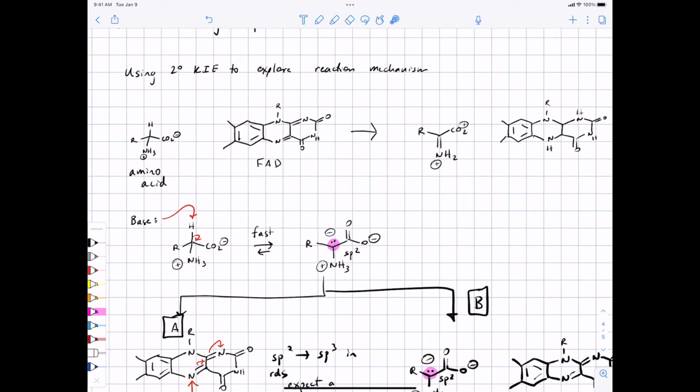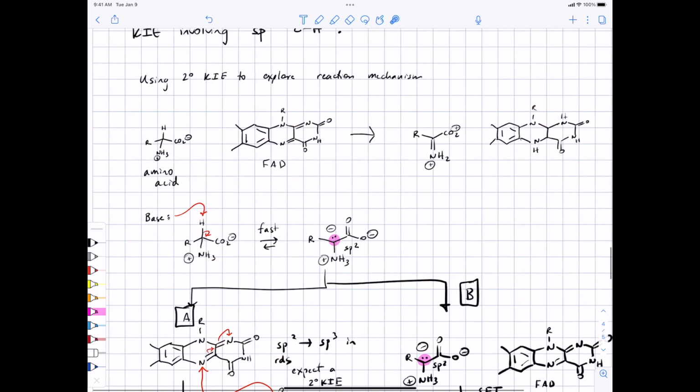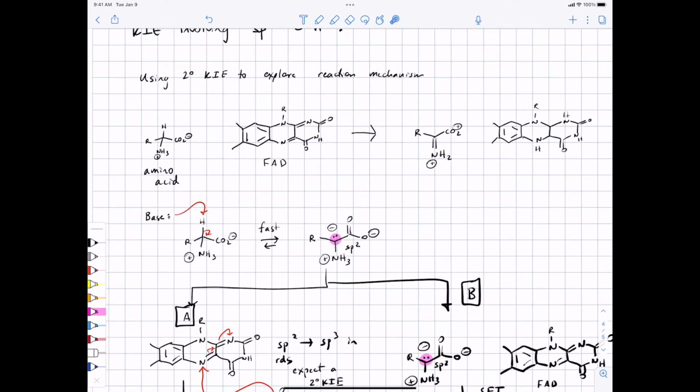So an important reaction in biology is an oxidation reaction which converts this amino acid into this amino acid by removing this carbon-hydrogen bond and delivering the hydride to the oxidizing agent FAD. And look at the atoms that are changing.